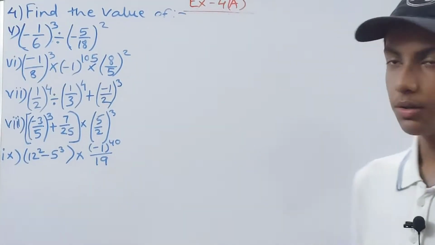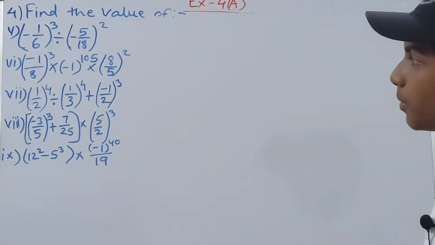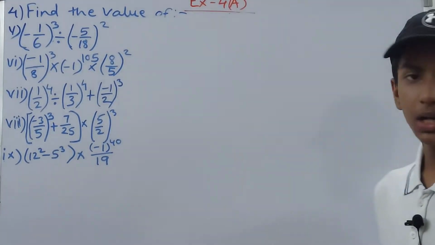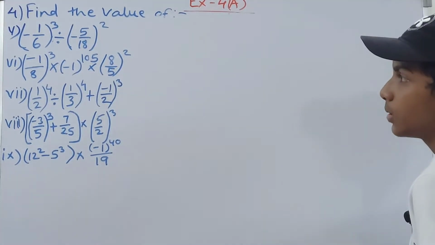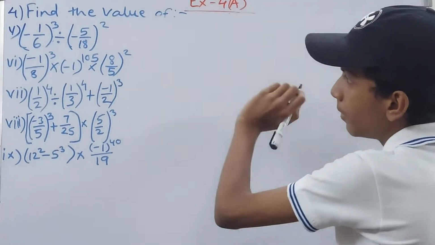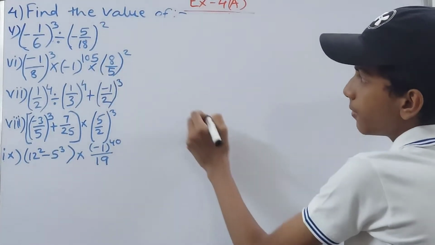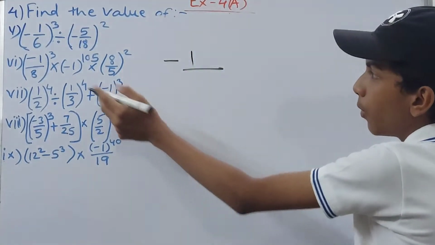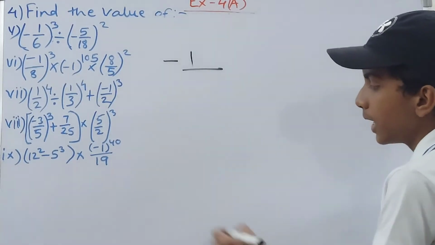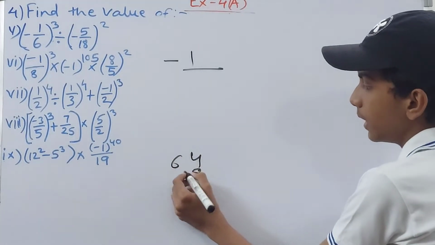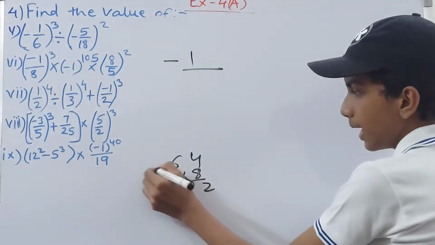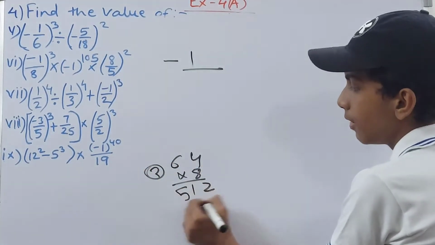Now the next one we have minus 1 upon 8 to the power 3 into minus 1 to the power 105 into 8 upon 5 to the power 2, right? So I'll do it like this instead of doing all that multiplication. Minus 1 to the power 3, minus 1 3 times becomes minus 1 only, upon 8 into 8 is 64, right? And 64 into 8 becomes 512 here.